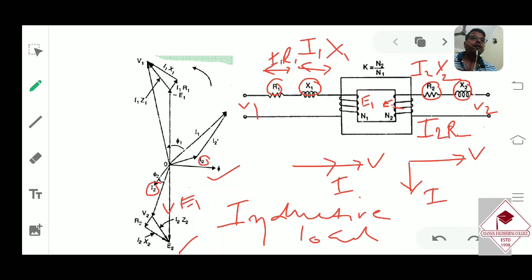What we need to do is, in case of the primary side, what is the equation for the primary side? Let us see.